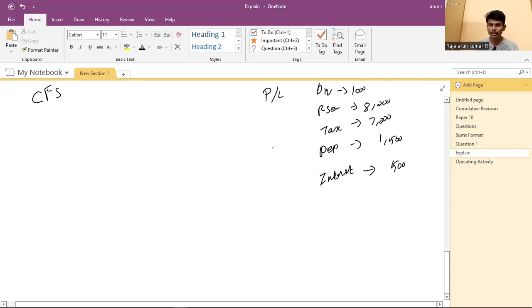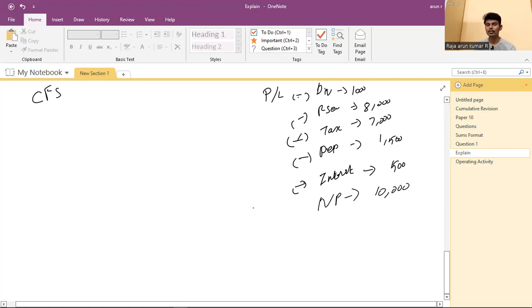We less that depreciation, we less that interest, we less dividend, we less reserves and surplus, we less taxes also. In P&L they given net profit as 10,000. Okay, you assume that in net profit they give, like that the sum they are asking.